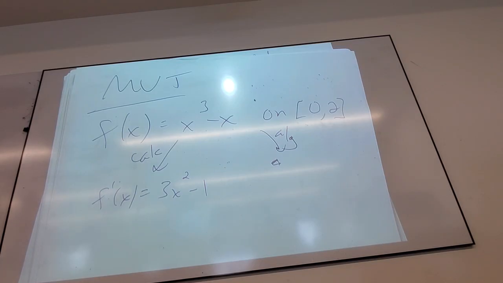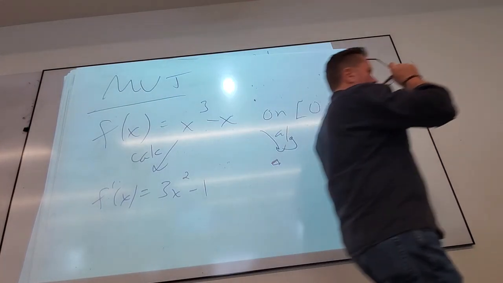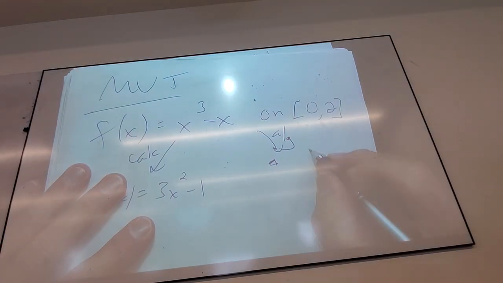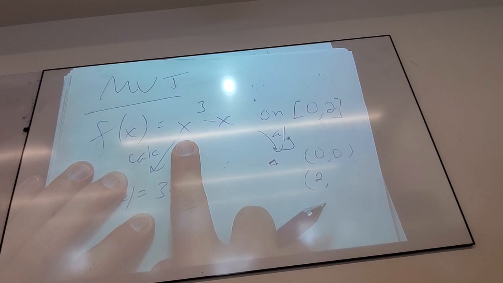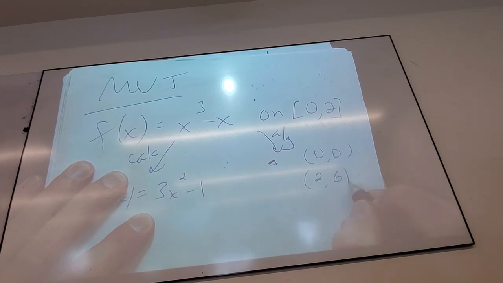So x starts at 0 and ends at 2. So what are the 2 points for the endpoints of this piece of the function? One point will be a beautiful point, 0, 0. And the other point will be 2, 6.